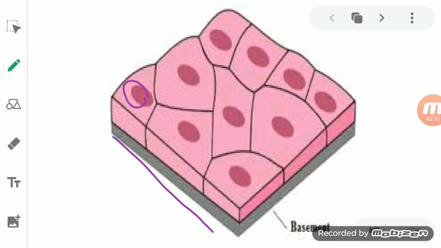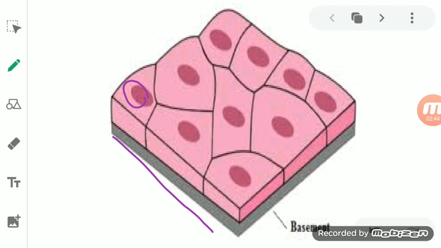These cells are arranged together, and you see students, when we say that these are fitted together, they are compactly arranged together, it means there are no intercellular spaces present in it. So we can say that it is an irregular shaped, thin, flat and compactly arranged tissue, which does not have any intercellular spaces between them.